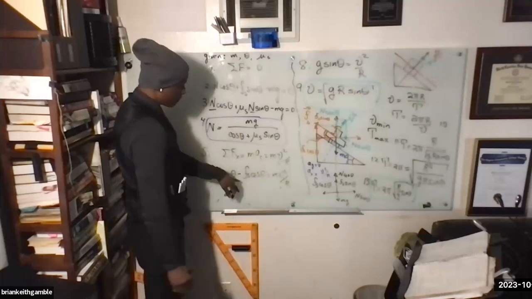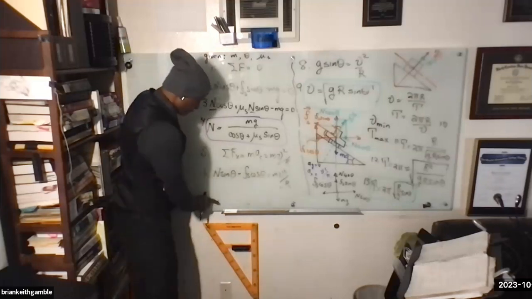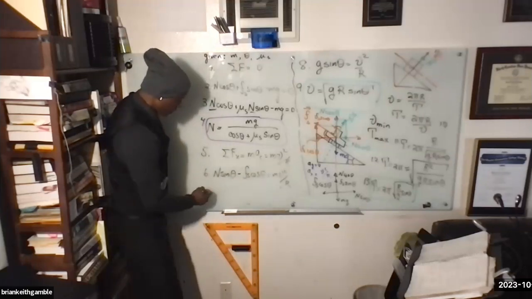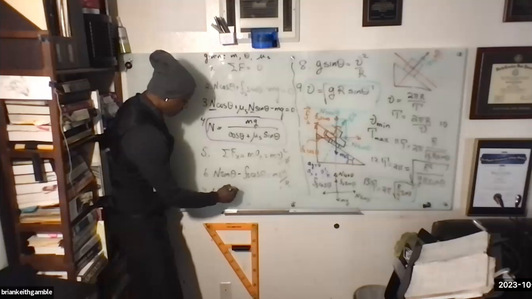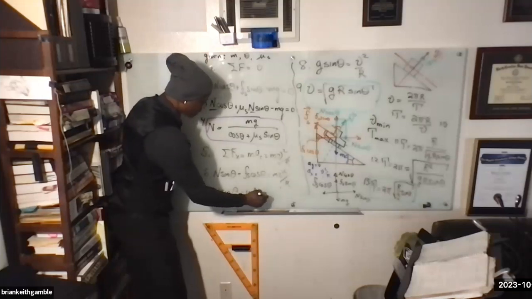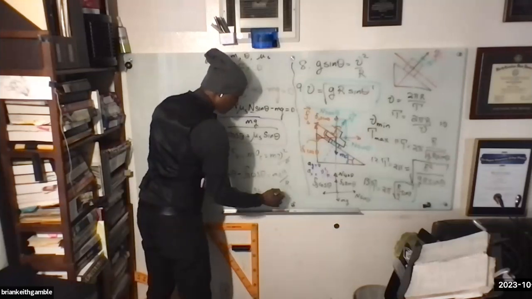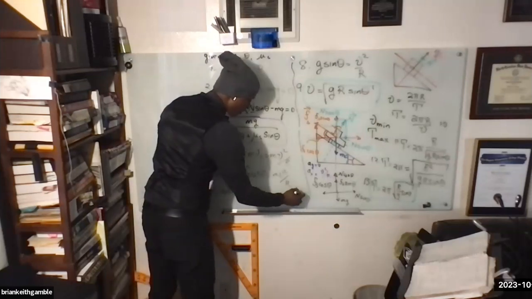Okay, again, putting in mu s n for fs, so n sine theta minus mu s n cosine theta is equal to m v squared over r.